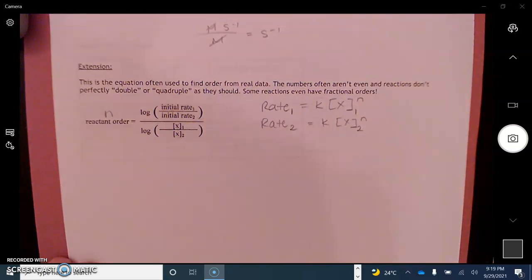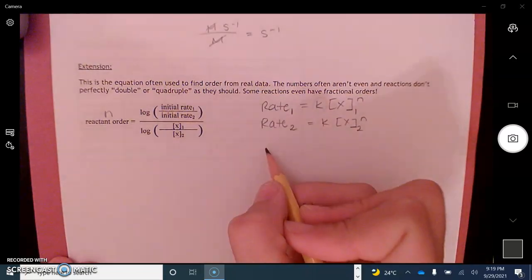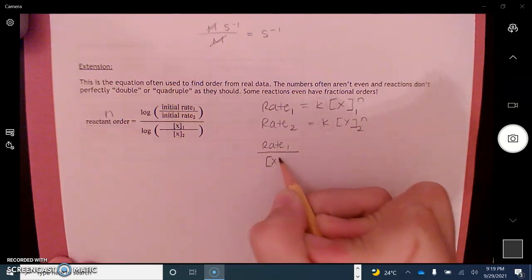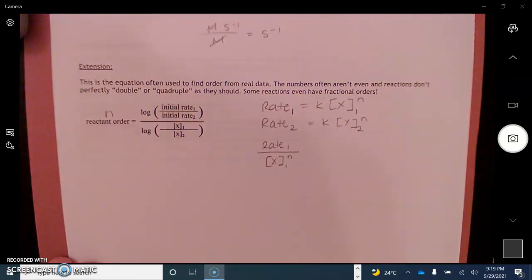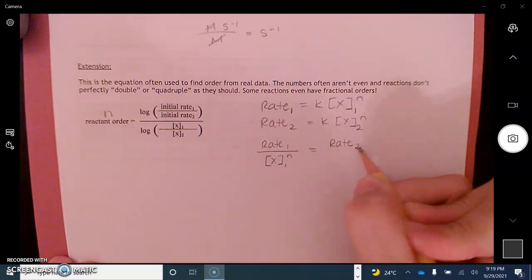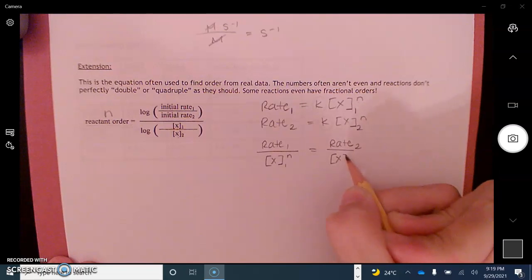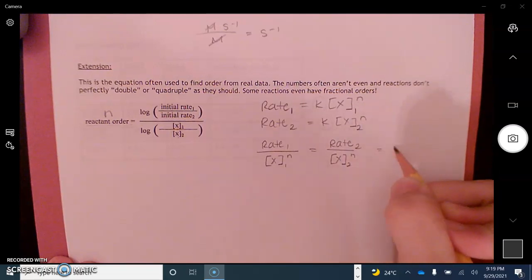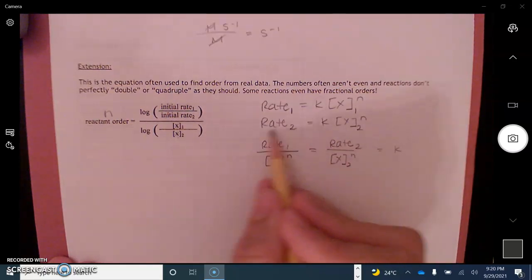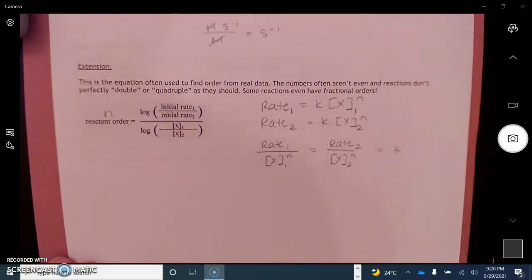is K, which means if I rearrange for K, I should be able to set the top equation equal to the bottom equation. So, for example, K on top is equal to rate divided by the concentration to the power n. Well, that same expression works for trial 2, and they should be equal to each other because they're both equal to K. Now I can solve for n.